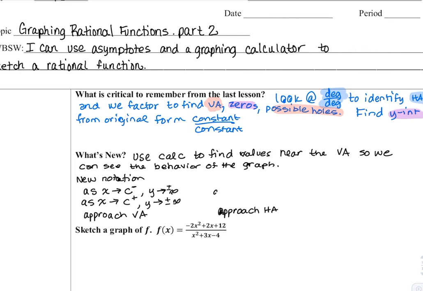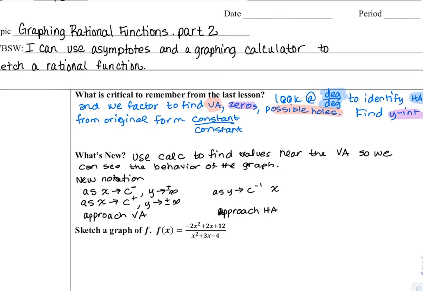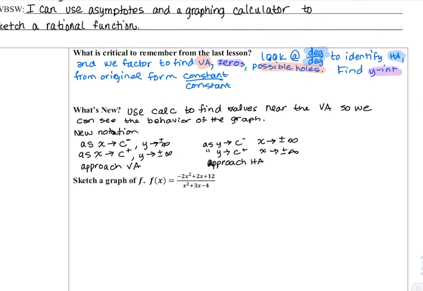You can say as y approaches c from below, x will approach positive or negative infinity. And as y approaches c from above, x can approach positive or negative infinity. So that's the new notation that we're looking at. You'll get used to it the more you practice it. Don't be afraid of it.